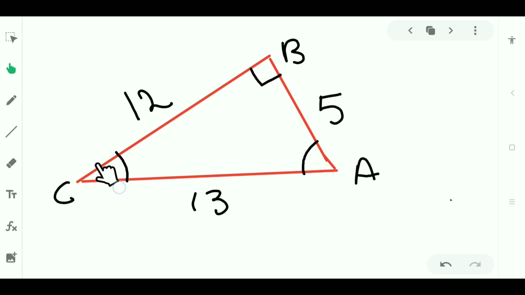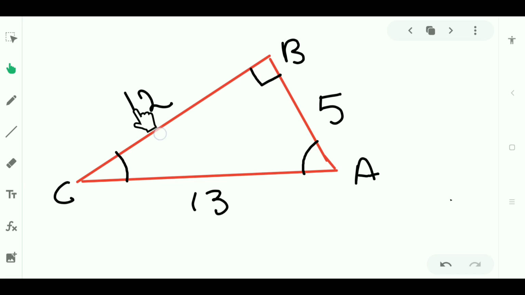What is this adjacent? You should take it as 12 and not 13, because 13 is the hypotenuse. It cannot be represented as the opposite nor adjacent. It is only the hypotenuse. Sorry, for angle A, this will be adjacent, and for angle C, it will be opposite.